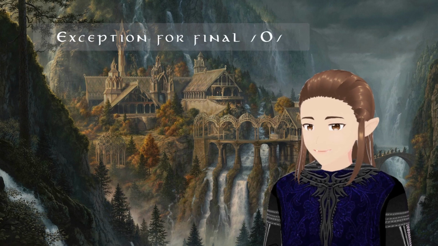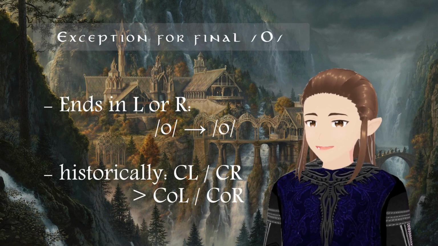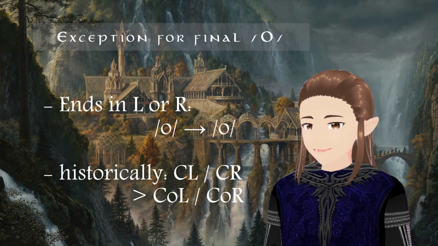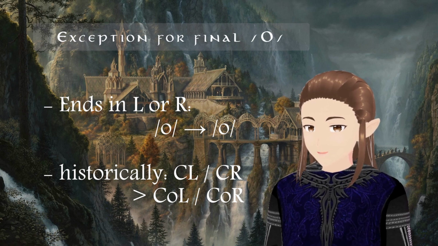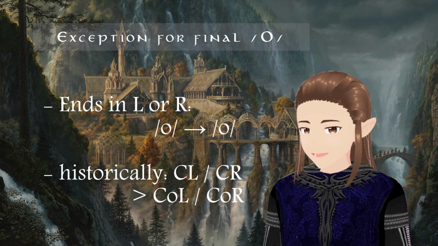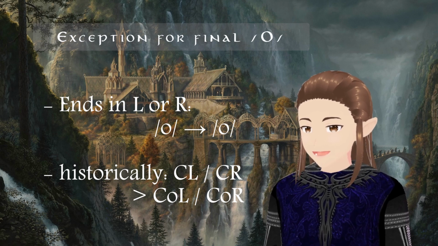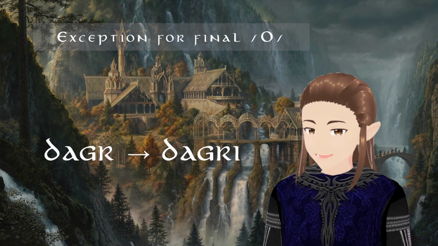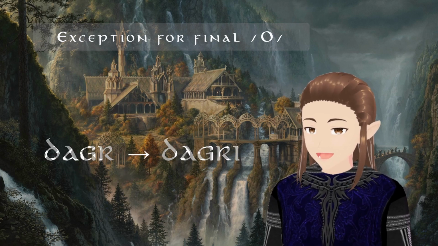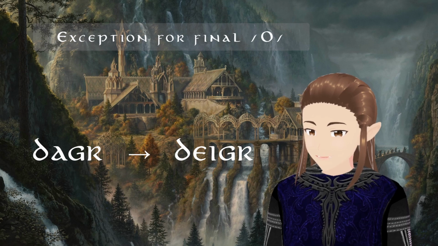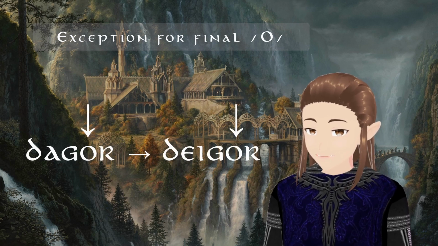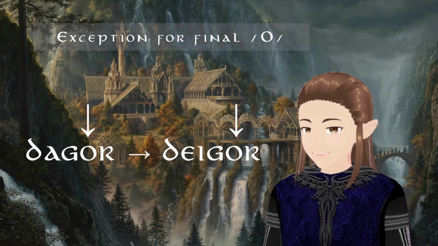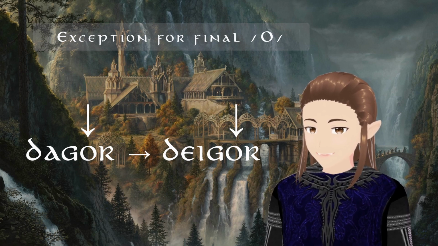In some cases, where you have the vowel o in the final syllable, it remains unchanged in the plural form. This is due to the fact that such words originally had no vowel in that place and ended in a consonant cluster ending in L or R. Later on, long after the development of the vowel changes in plural forms, a vowel o was inserted to break up such consonant clusters and thus remained unaffected by the plural vowel changes.